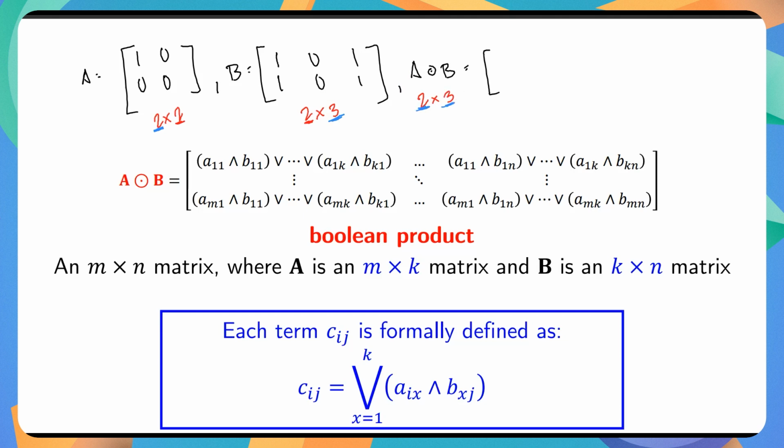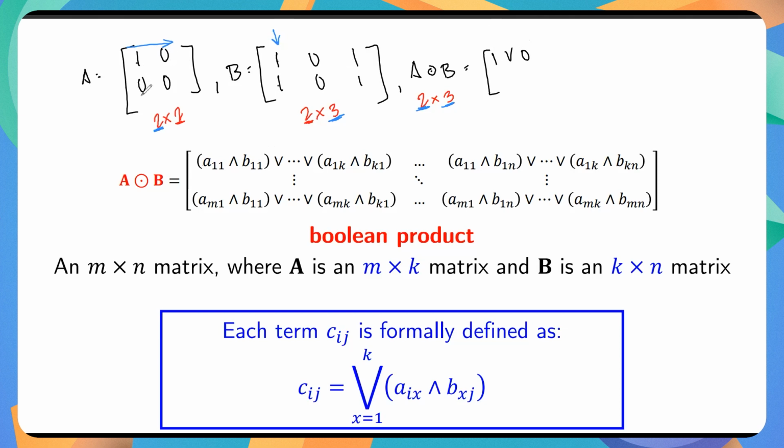Okay, so now we apply the Boolean product. In terms of direction, it's still the same. So we go here and then go here. First we take the AND of A and B. So 1 and 1 is 1. Then 0 and 1 is 0, since it's the AND of 0 and 1.